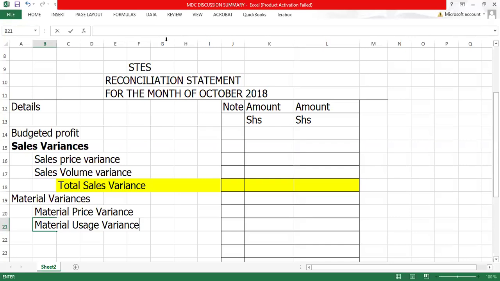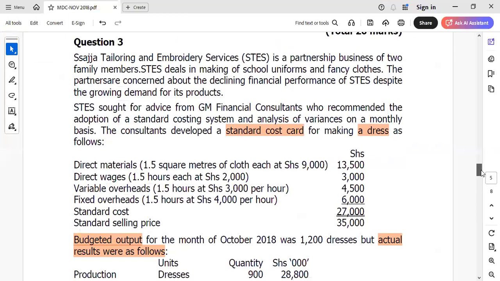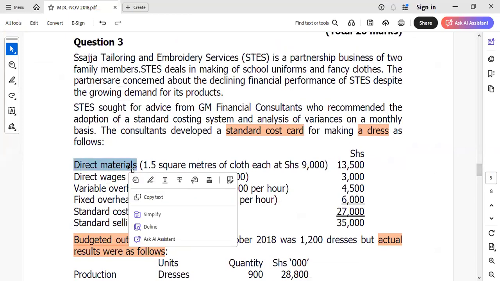In this question, we are not dealing with material mix and material yield, because we are looking at basically materials. These are not categorized into different materials. You just have materials, so you don't need material mix or material yield.